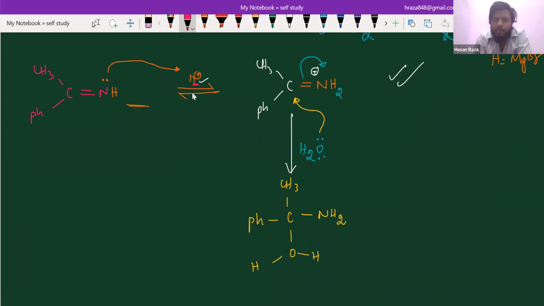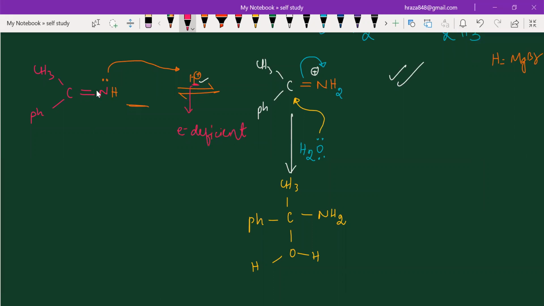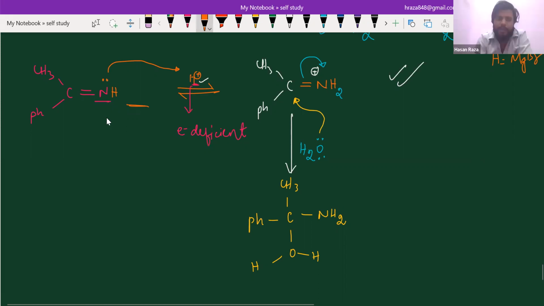This is H plus, which means it is electron deficient. This nitrogen has a lone pair, which means it is electron rich, so it is the nucleophile, and this is your electrophile. So it will attack hydrogen. Since it has given one electron to hydrogen, it will have a positive charge.